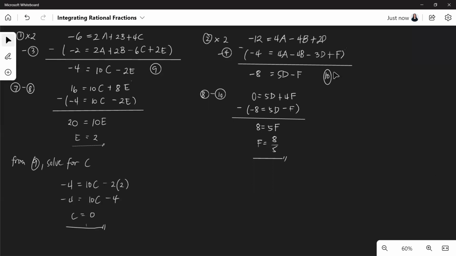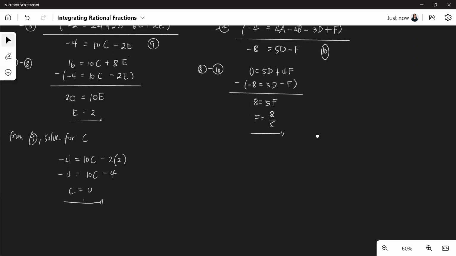We'll use equation 10 to solve for D. From equation 10, solve for D. So negative 8 equals 5D minus F, so minus 8 over 5.